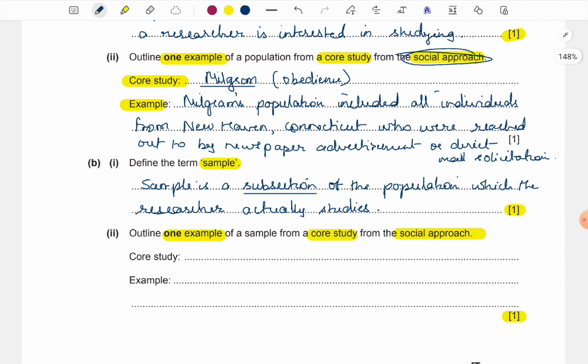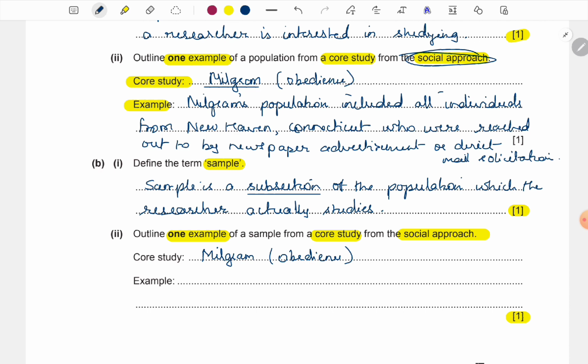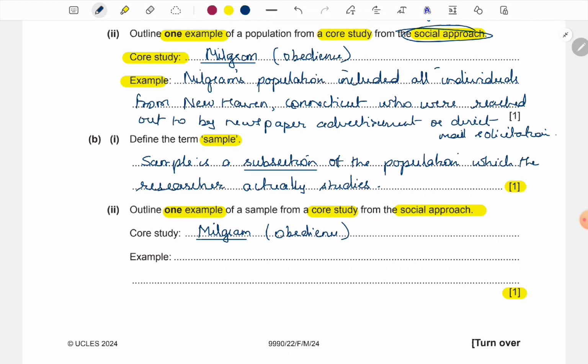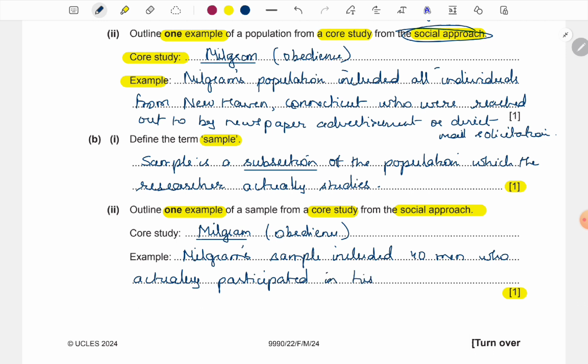Okay, so I'm going to name Milgram again. Also, you see, they've asked you for the name for that reason only, because it could be different from the previous example. They know that. And who is the sample? I've already explained that, so I'm just writing down: Milgram's sample included 40 men who actually participated in his experiment.